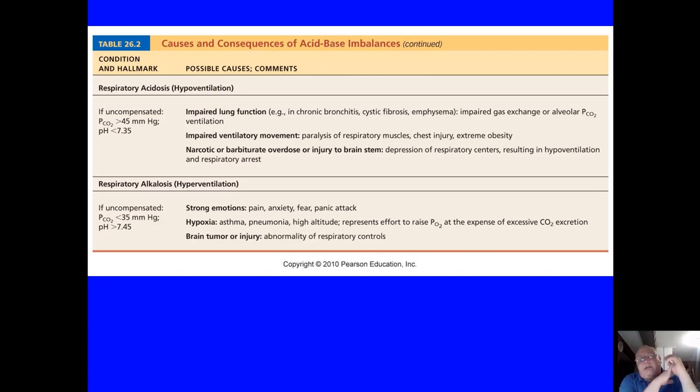Now, the brainstem has a couple of different sections that control both the rhythmicity and the intensity of respiration, okay? But then you also have the problem of drugs. They will result in hypoventilation and eventually respiratory arrest. Case in point, opiates. Somebody has an OD, they overdose on opiates.